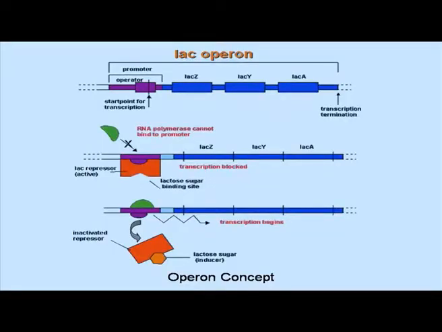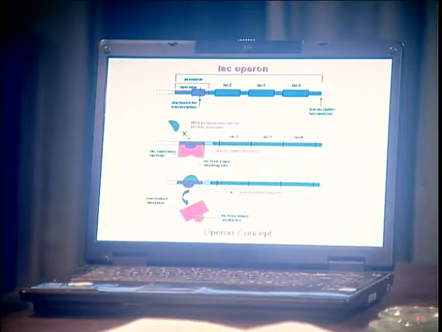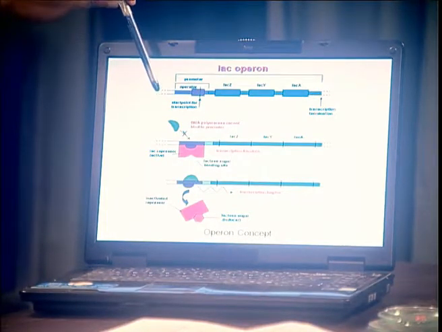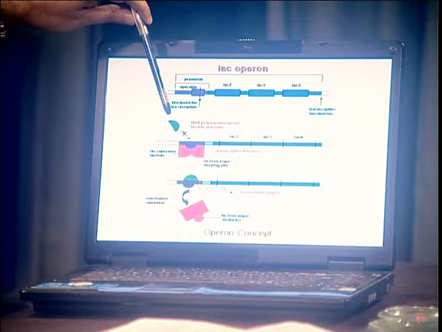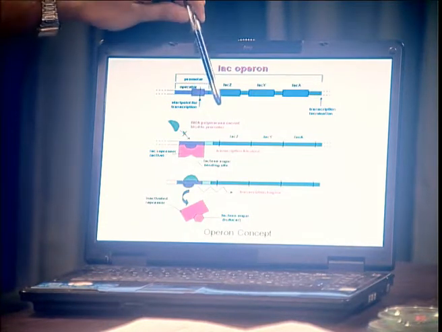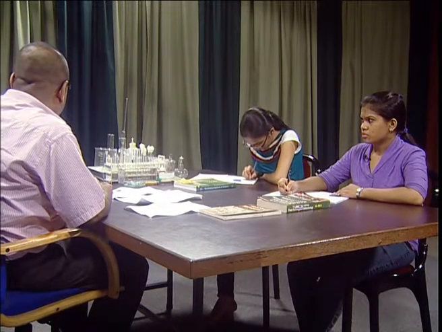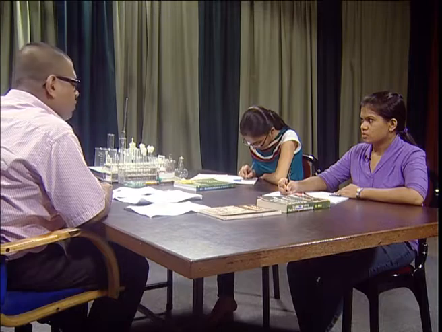This model which you can see here was denoted by Jacob and Monod in 1960. This model is called the operon model or operon concept, and it was shown that in a particular bacterium, E. coli, there are structural genes which ultimately help in the utilization of lactose, but these structural genes are controlled by a promoter, operator and regulator genes.